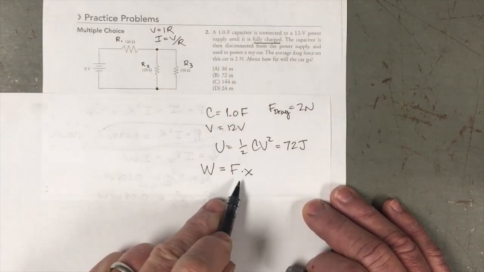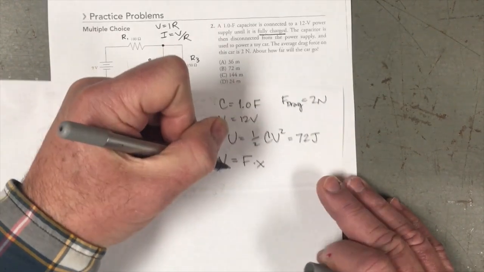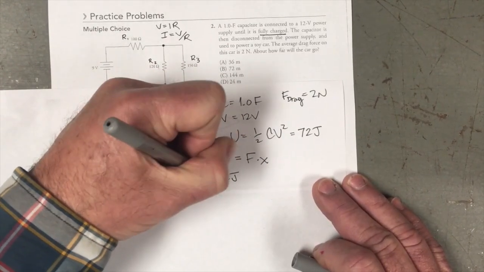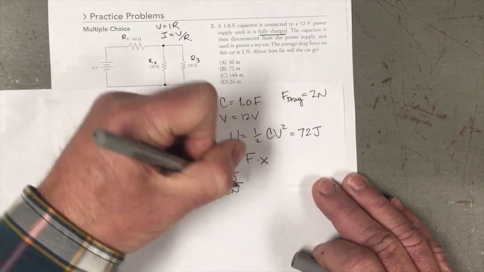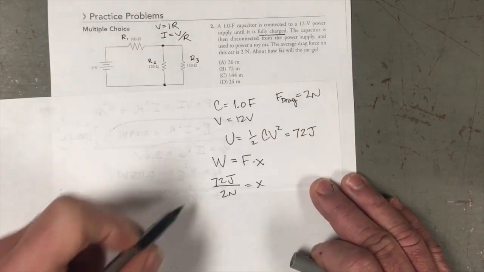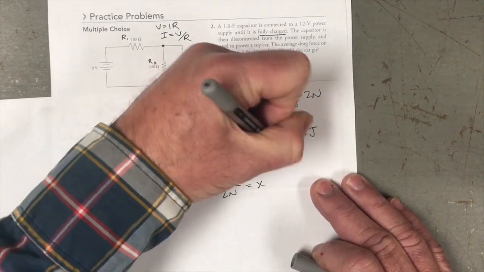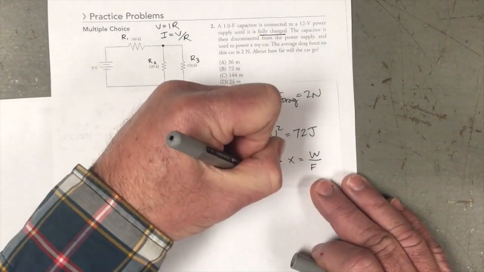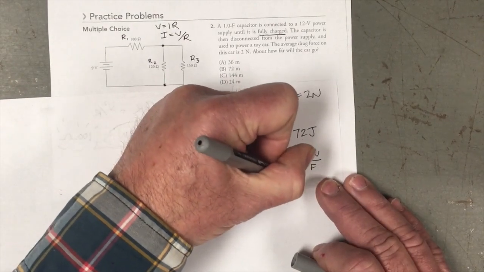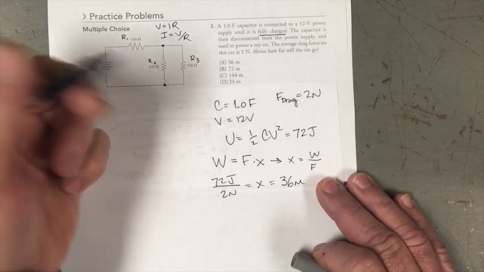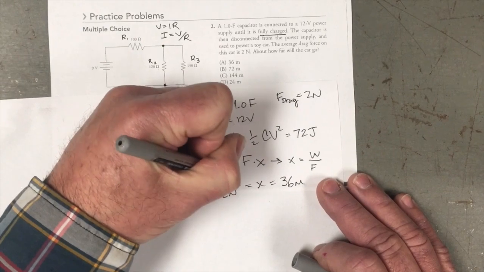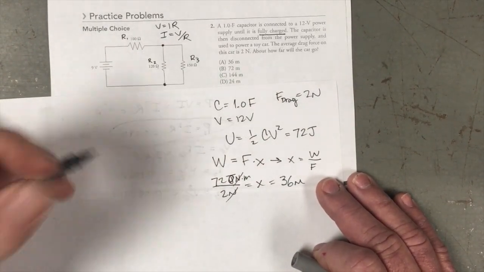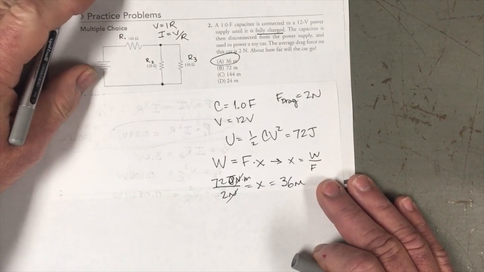Dividing the 72 joules by the force of 2 newtons gives us distance. I divided work by force, and that comes out 36 meters. That checks out, because a joule is really a newton meter, and the newtons cancel, leaving meters. So the answer to that one is A.